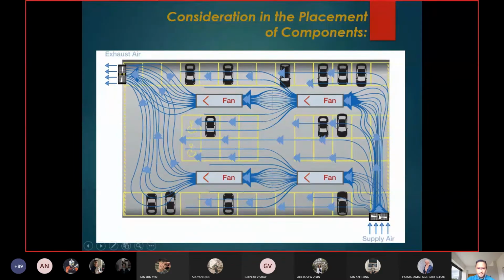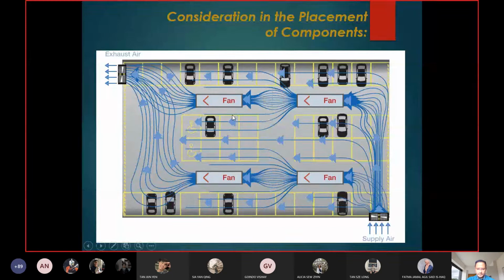Not necessarily for basement, because basement normally there's no ventilation at all. So that's why mechanical ventilation is very important in basement. But how you place it also is very important. Basically, as an architect, you just need to incorporate maybe the position of fan in the elevation as well as in the plan. So something like this, right?